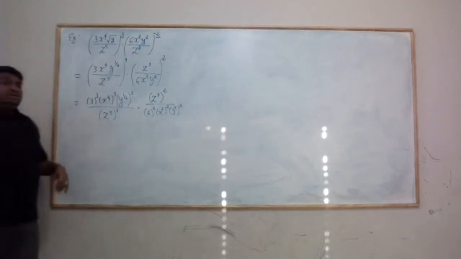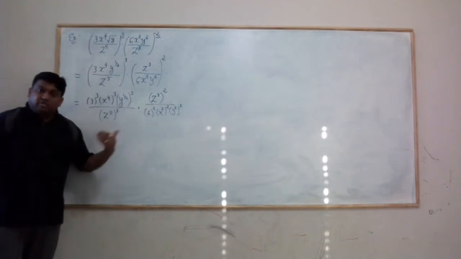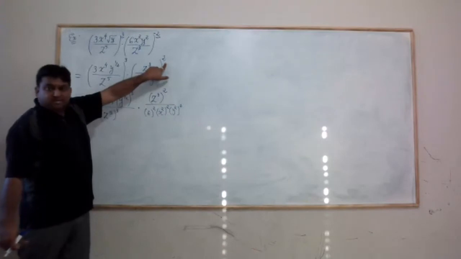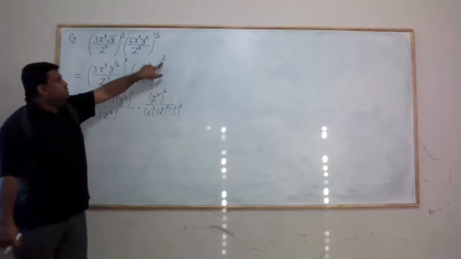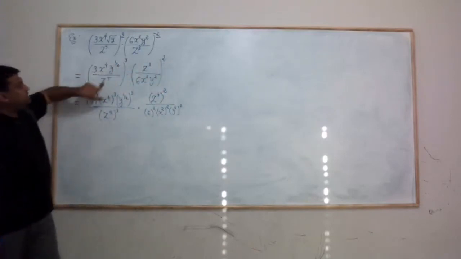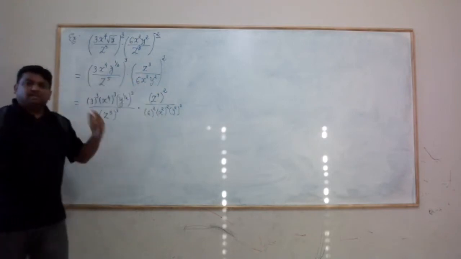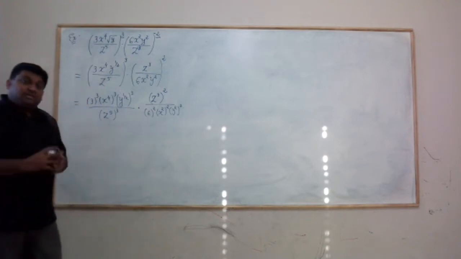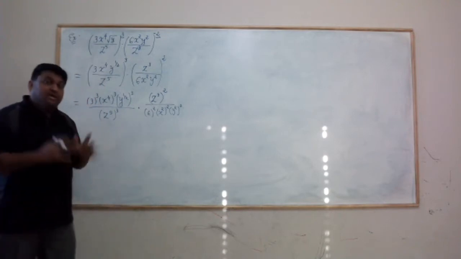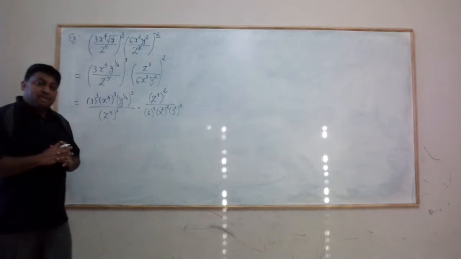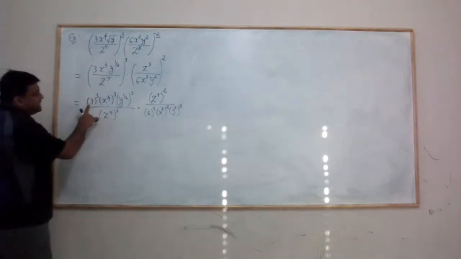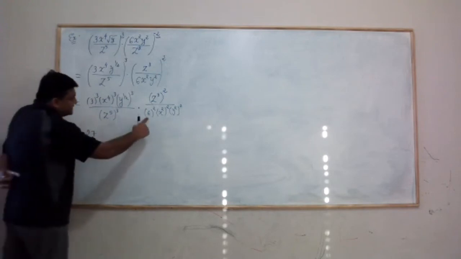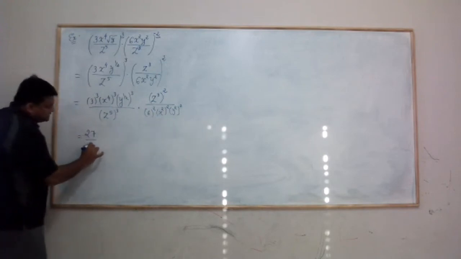So far I have done 2 steps out of 4. I converted outer negative exponent into positive exponent, and then I distributed that outer exponent to every single factor of the base, no matter whether the base is in the numerator or in the denominator. Now, third step, simplify numbers and multiply power of power. I'm going to simplify the numbers first. I have 3 to the power 3, that is 27. 6 to the power 2, that is 36.